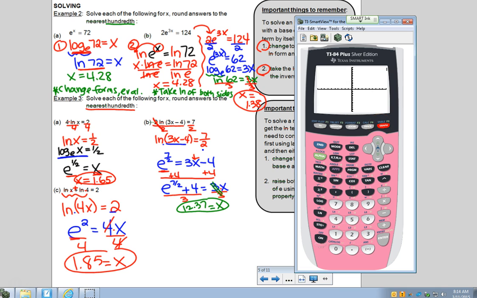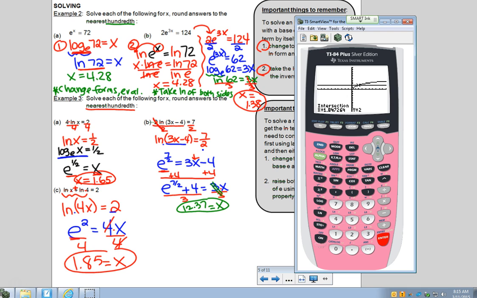You could graph it. And then the answer is a long decimal. When you're working with these, most likely the answers will not be pretty. So don't bother going to your table. I'll do my intersection way. And there again is 1.85.